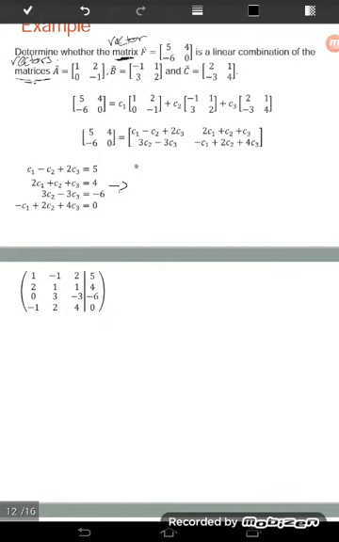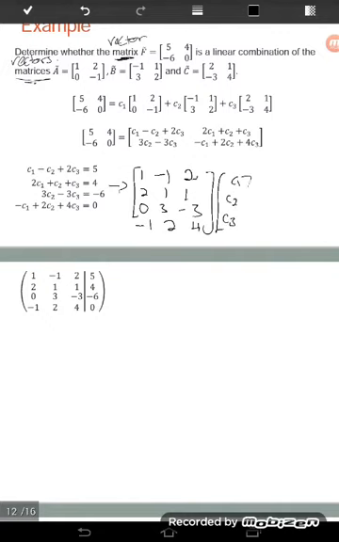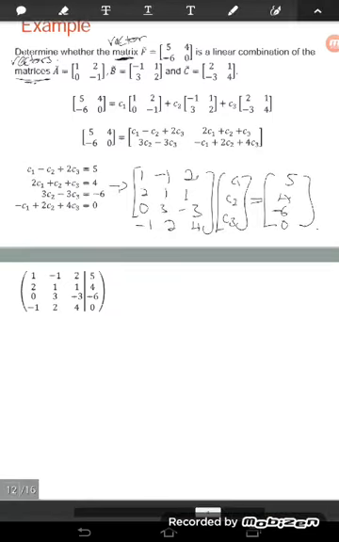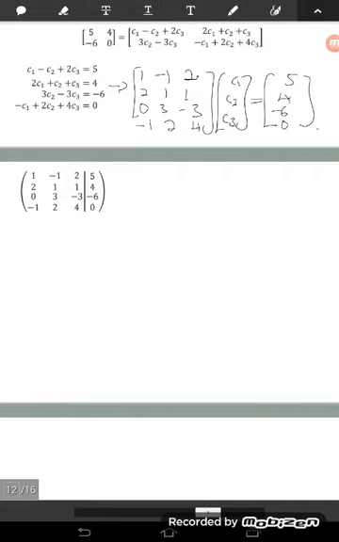So first we need to have the matrix equation. Take out the matrices A: 1, -1, 2, 2, 1, 1, 0, 3, -3, and -1, 2, 4. And here we have C1, C2, and C3, which is equal to 5, 4, -6, 0. And then take the augmented matrix.